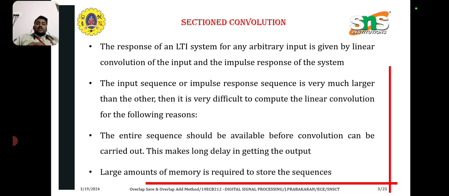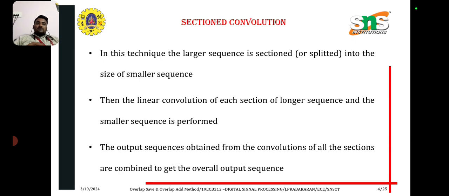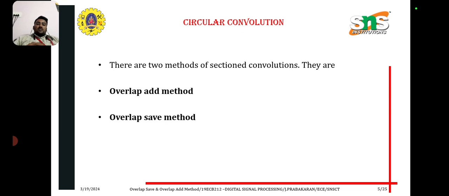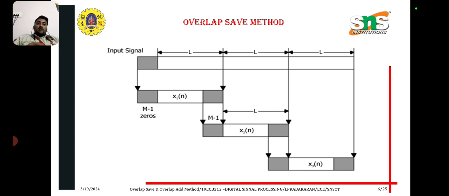Here we are using two methods, that is the overlap save method and the overlap add method. In the overlap save method, the total sequence is divided into smaller blocks.